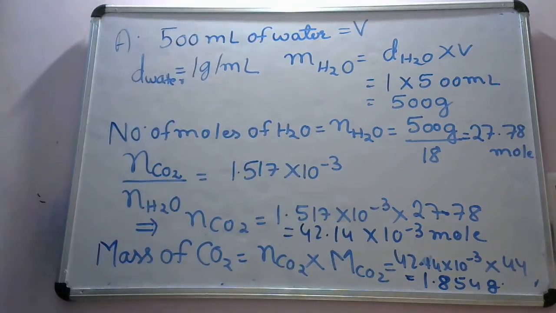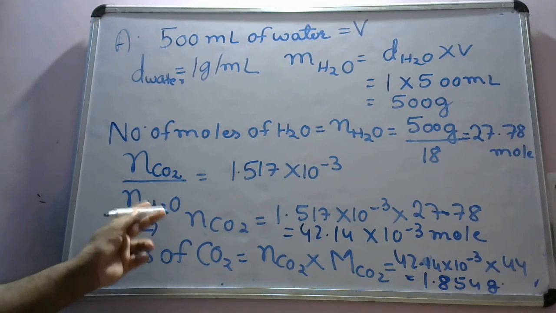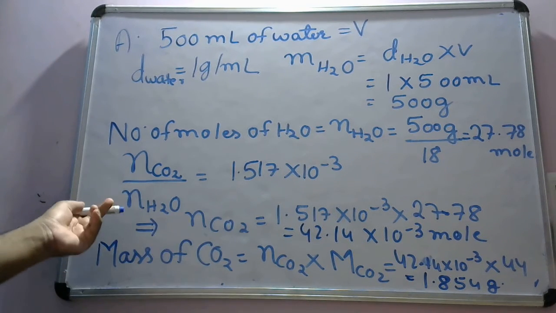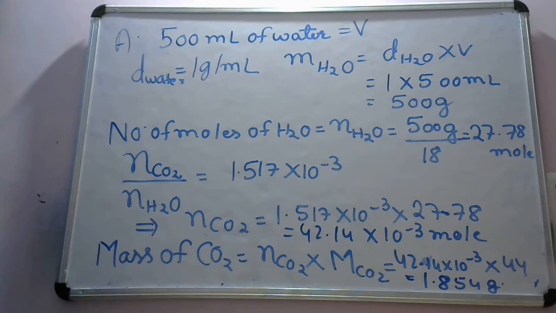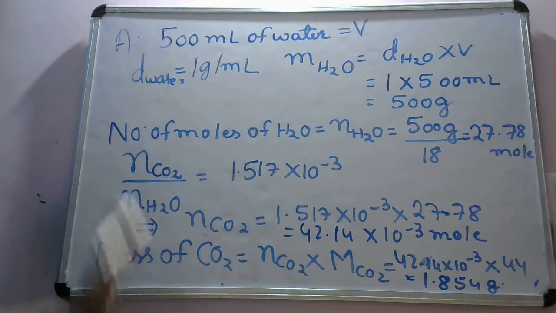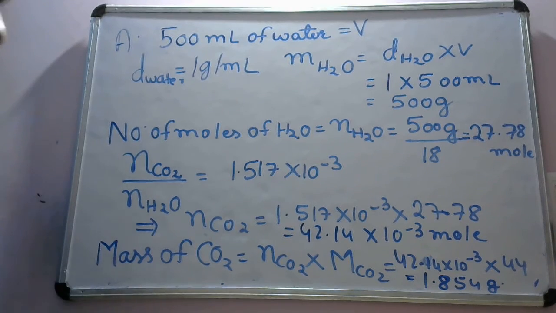So what we did, we first used Henry's law, calculated the mole fraction, and approximated the mole fraction expression in this form, because since the mole fraction value of CO2 is very less, the number of moles of CO2 will be less compared to that of water. We ignored the number of moles of CO2 in the denominator, and this is the approximate expression for mole fraction.